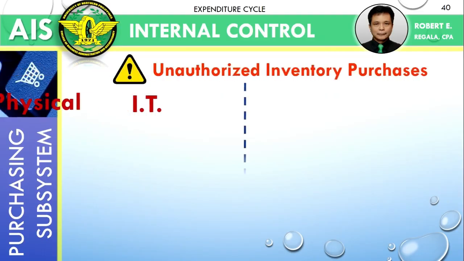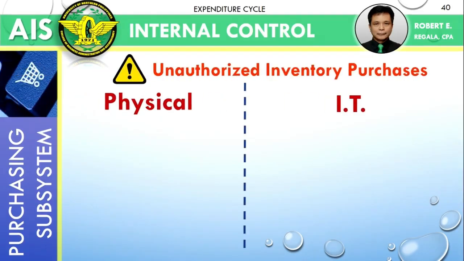Risk of unauthorized inventory purchases. Unauthorized inventory purchases place the decision of what to buy, when to buy, and from whom to buy solely at the discretion of the purchasing agent. This can result in excessive inventory levels for some items, while others go out of stock. Either situation is potentially damaging to the firm.